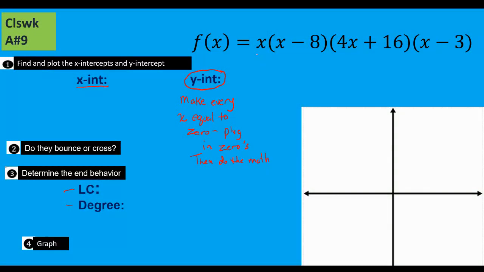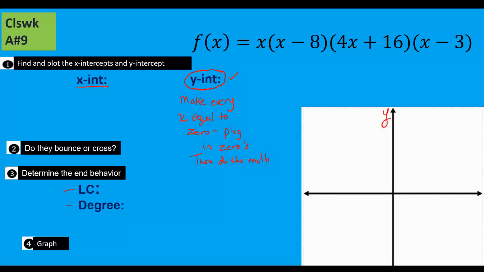So wherever we see an x, we're going to plug in a 0, keep everything else, the parentheses and the other numbers, and then we'll do the math. We plug in zeros for every x when we're finding the y-intercept.